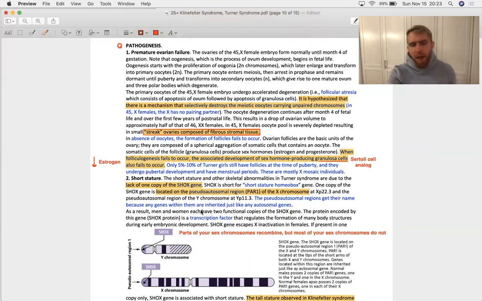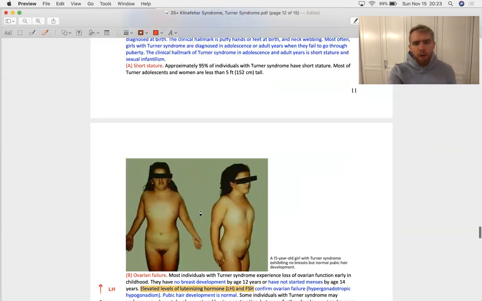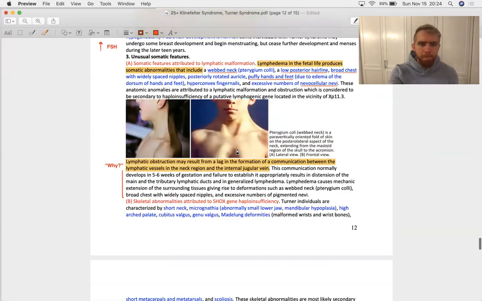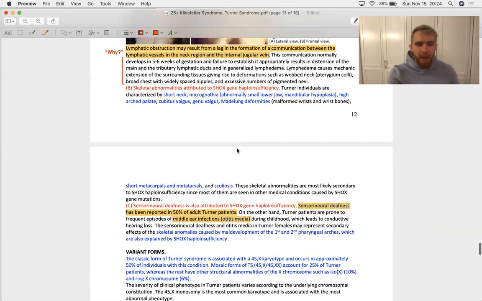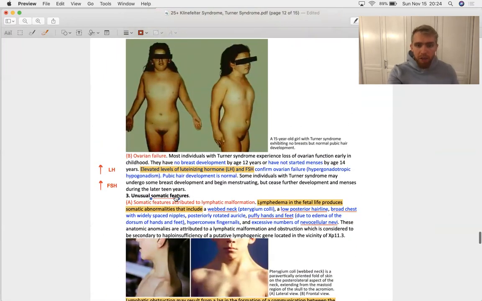So two things happen in Turner syndrome, very characteristic. Number one, these patients are short. And then number two, these patients have lymphedema. And there are a lot of somatic qualities downstream from the lymphedema, including web neck, lymphedematous hands and feet.